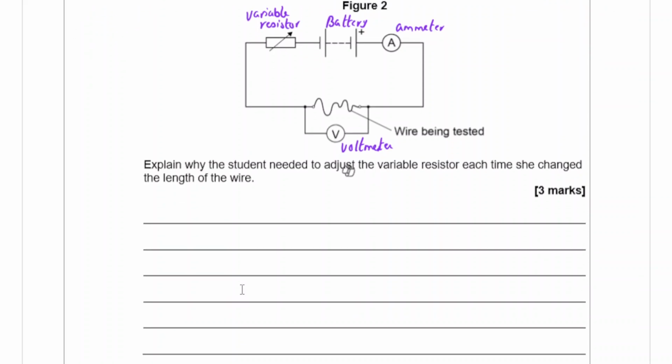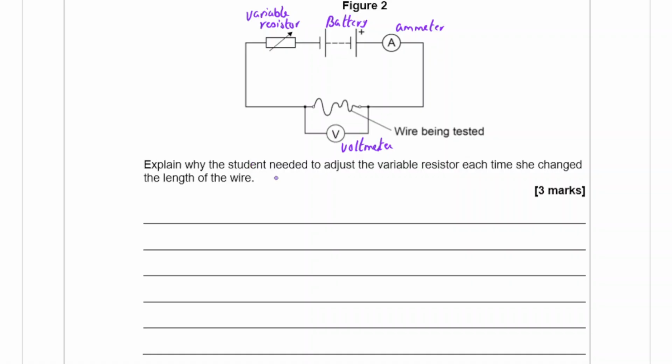Explain why the student needed to adjust the variable resistor each time she changed the length of the wire. Now, when you change the length of the wire, you are going to change the potential difference across the wire. And that also changes the current in the wire because the resistance will change.